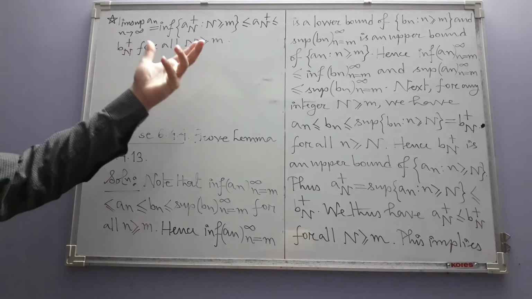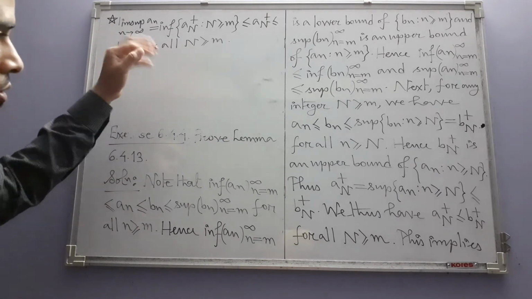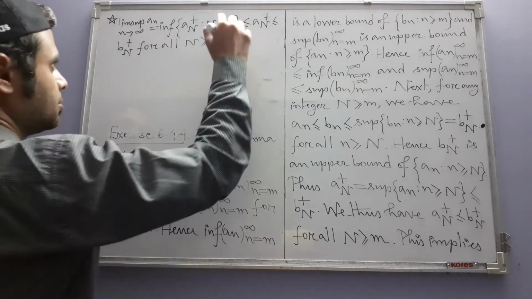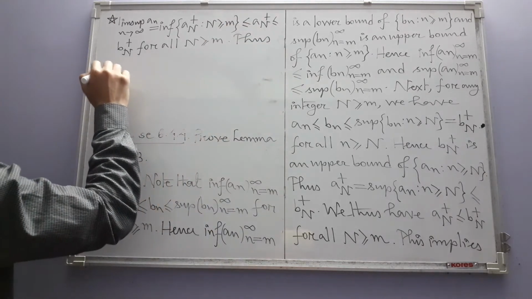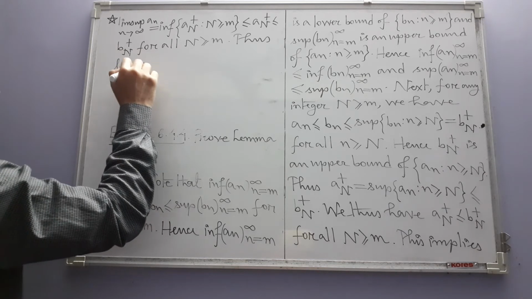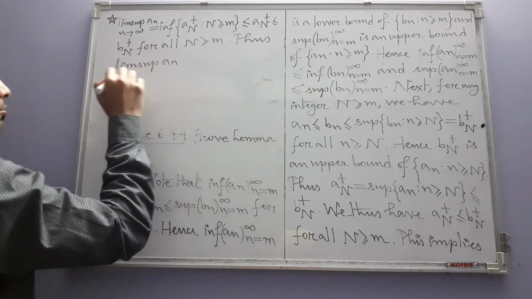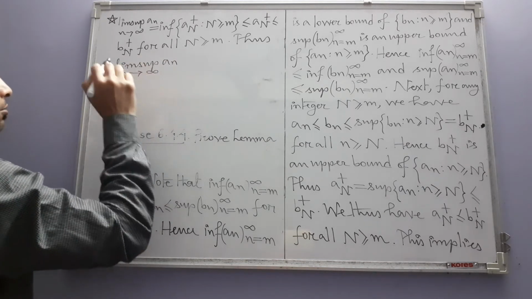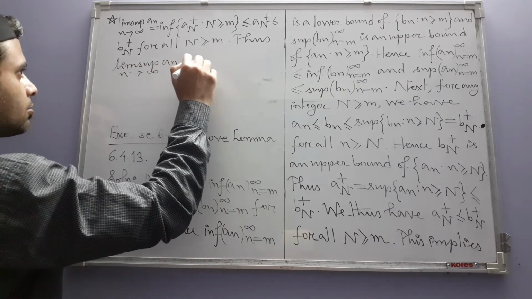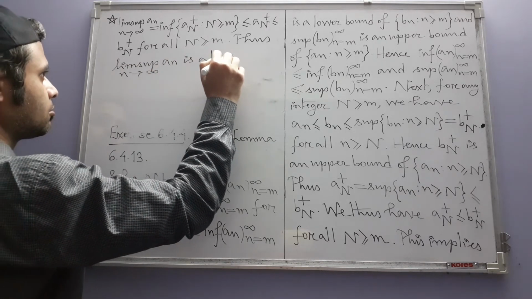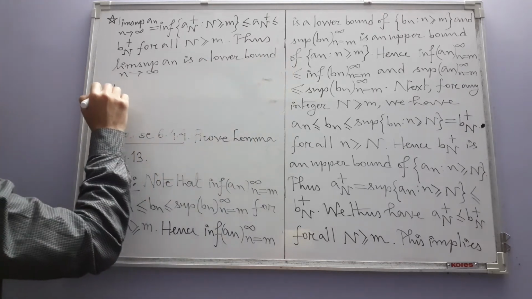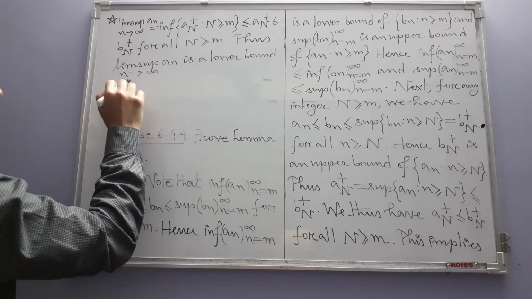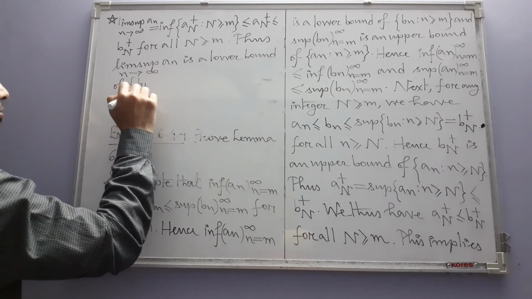And that we have shown is less than or equal to all the b_n pluses. Thus, this is a lower bound of this set.